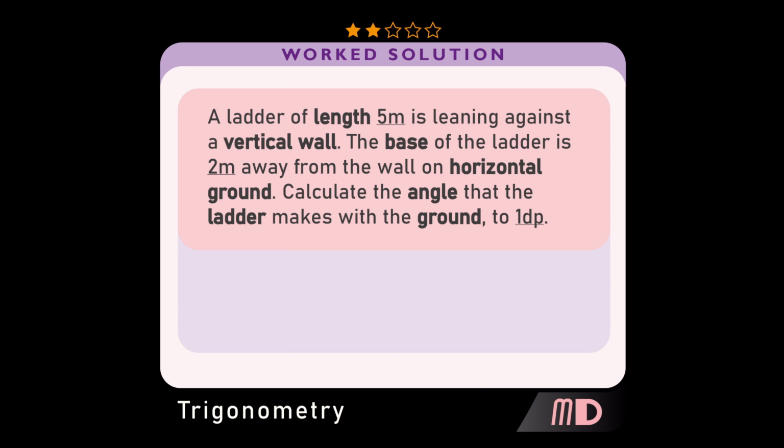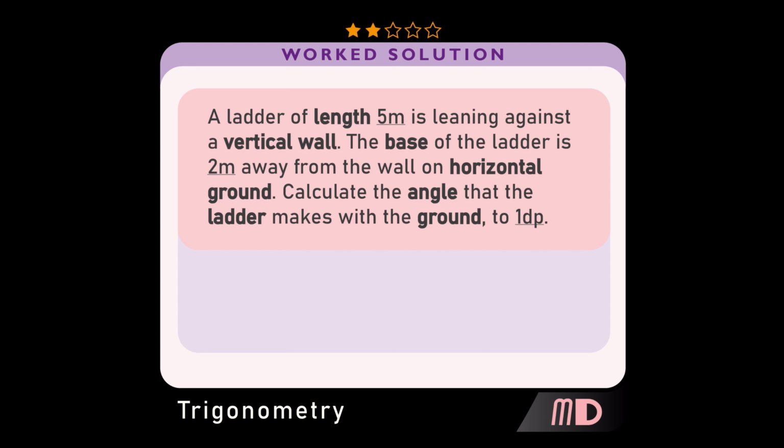There are generally 2 strategies for tackling a question where the subject is a right-angle triangle. When we know the lengths of 2 sides of a right-angle triangle and want to find the length of the 3rd side, we apply Pythagoras' theorem.